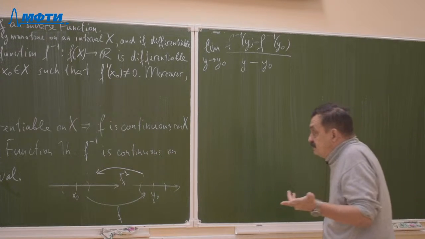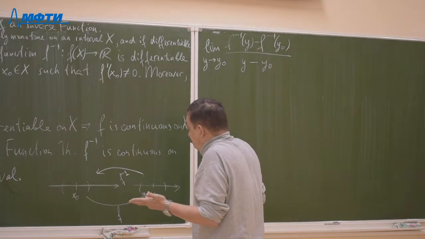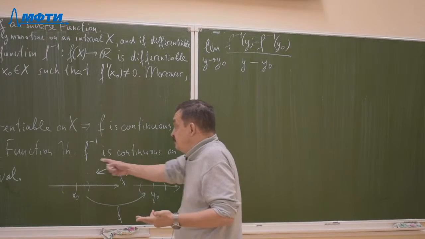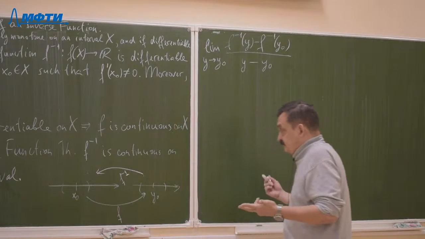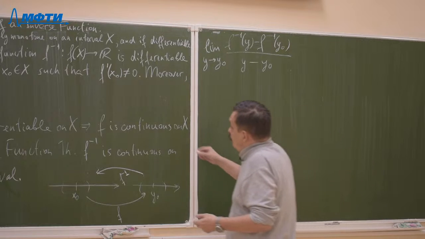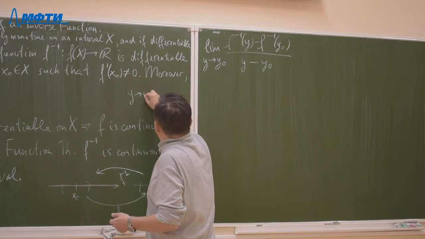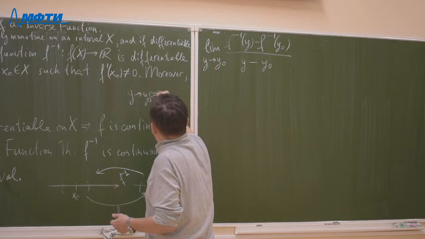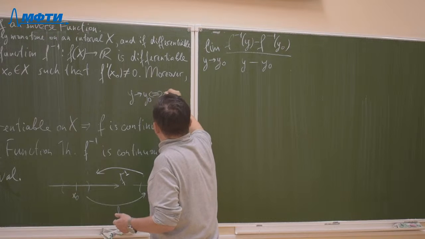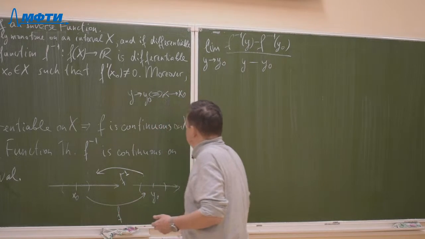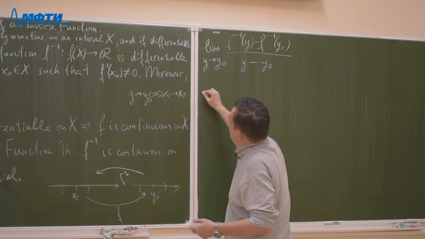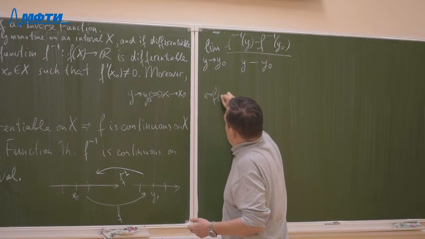And because of continuity of the inverse function, once y tends to y0, it's equivalent to say that x tends to x0, where x is f minus 1 of y.